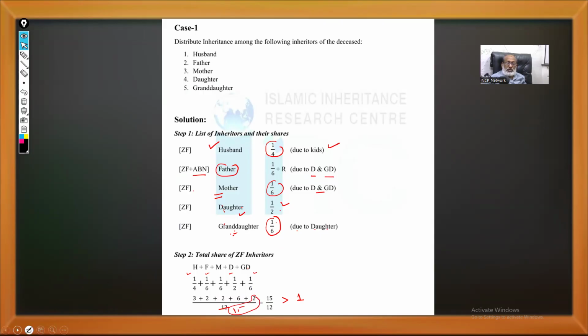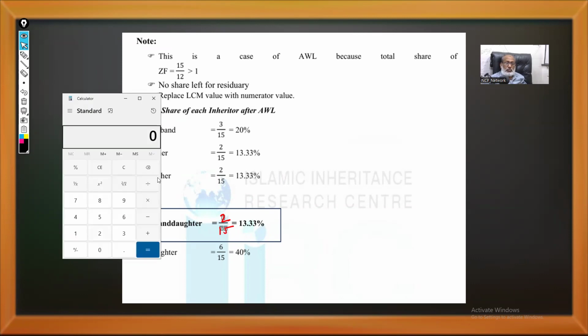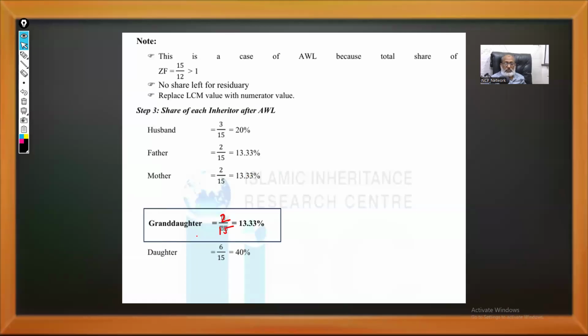We are focusing on the share of the granddaughter, 2 by 15. 2 by 15 multiplied by 100 is 13.33%. So in that case, the granddaughter is getting 13.33%.